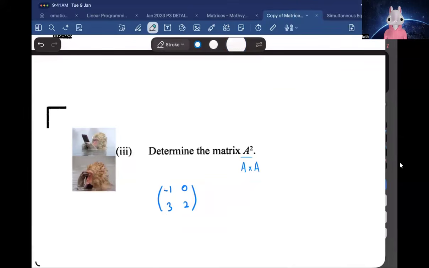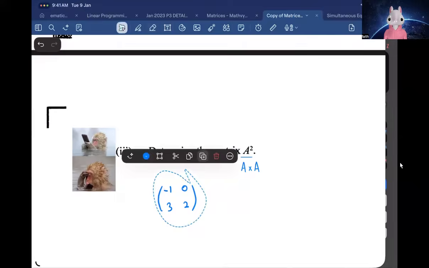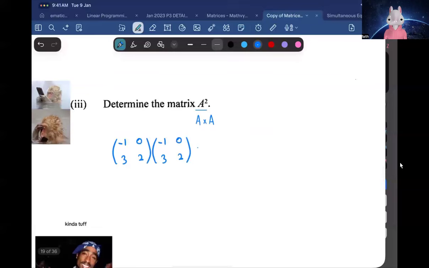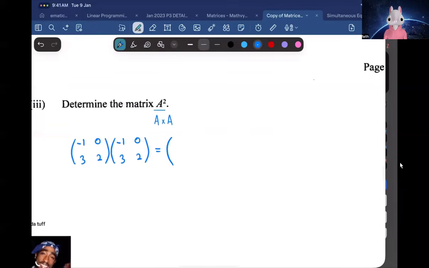So you're just going to take matrix A, which is what we have over here, and multiply it by itself. Right, so do I have any volunteers to do this with me? Yes. All right, well, let me go. So Faith, what is the first row over here?